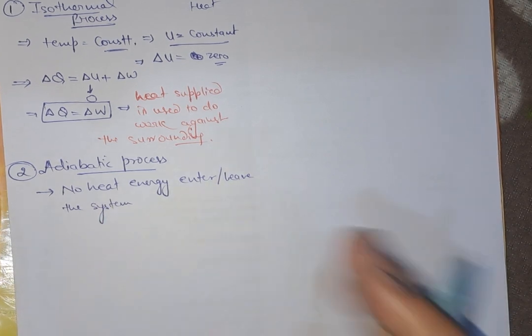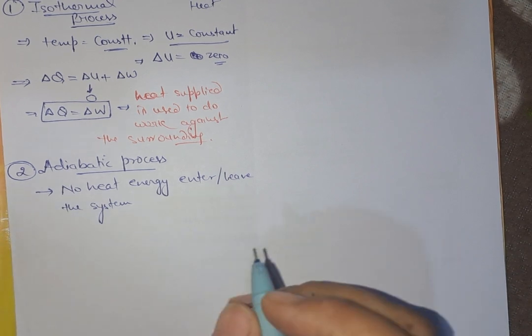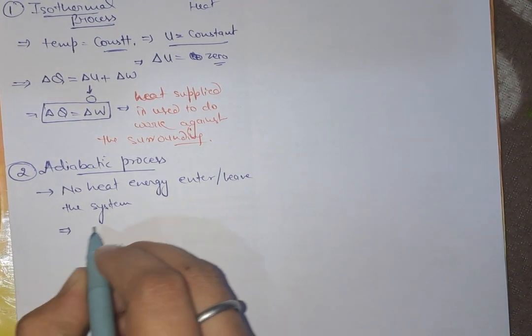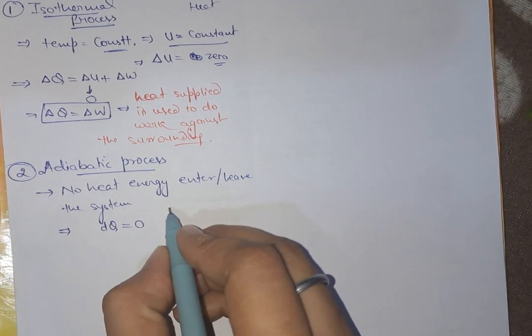So whatever heat is there, there is no exchange, whether it is coming out or entering in. There is no heat energy being exchanged between the surroundings and the system. By this we can say that the overall heat remains the same.